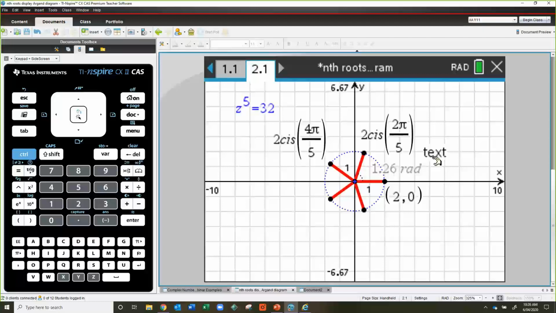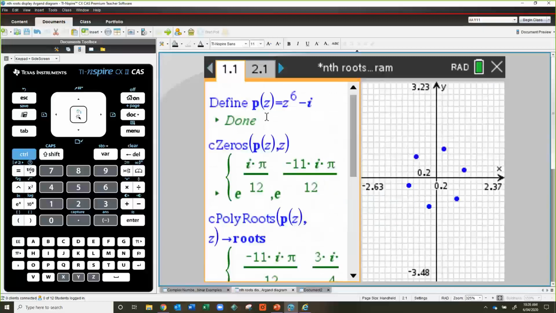If you are to draw it on paper, you can change radians to degrees and display the angle in degrees for some roots. However, you need to remember that we need to give the answers in radians when it comes to the exam. So to find the roots, of course, it's quite easy.